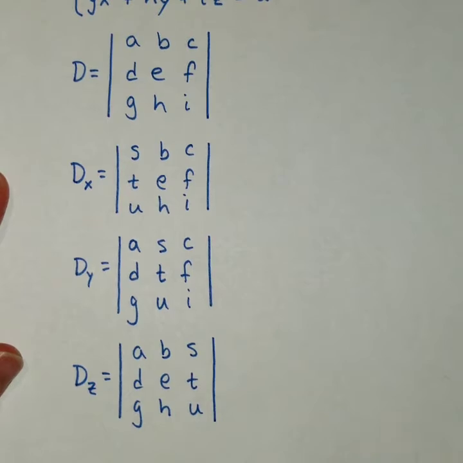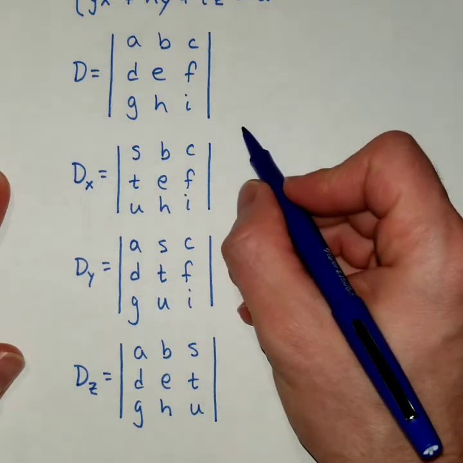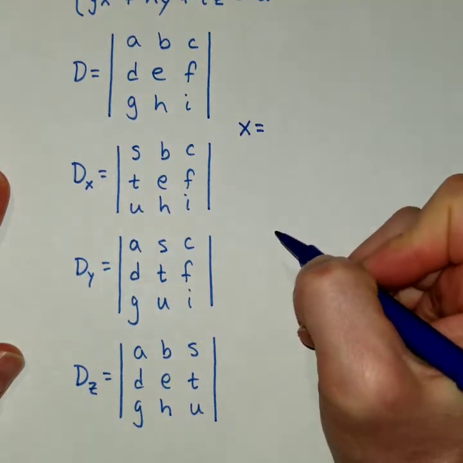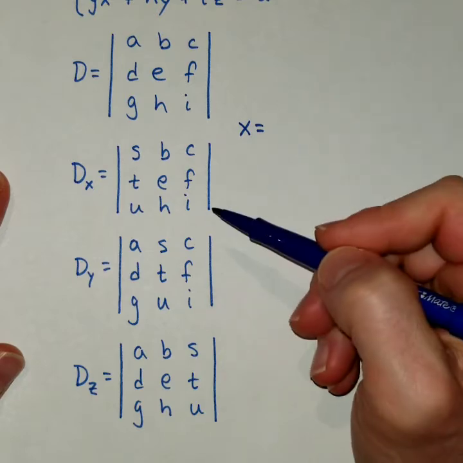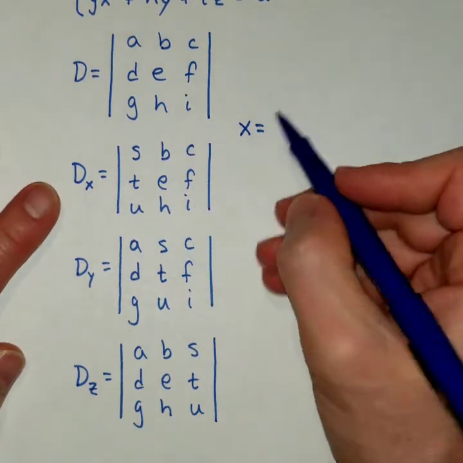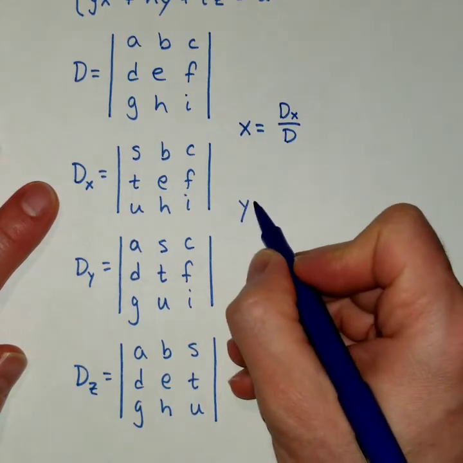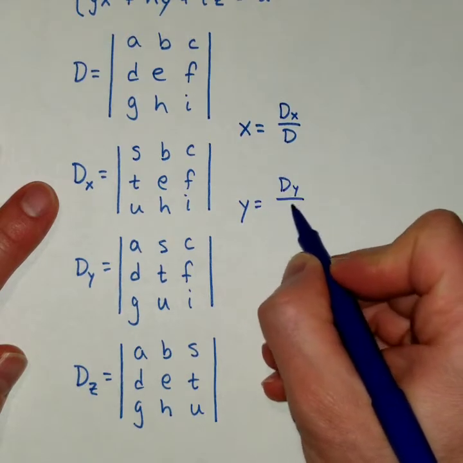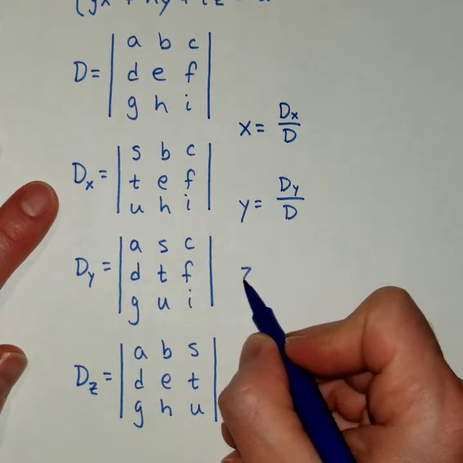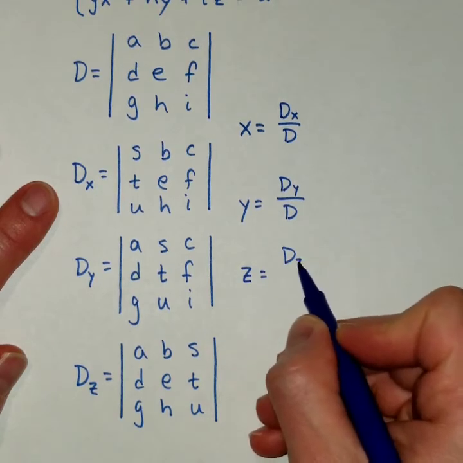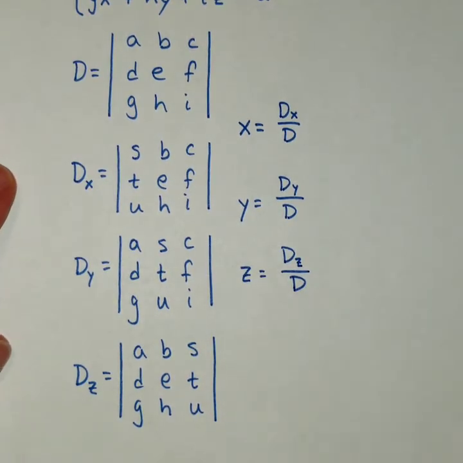Right? And so those are our 4 matrices, and then the X, Y, Z values are going to be represented by the similar ratios of these matrices. You start with the D sub X and divide it by D. The Y value is going to be D sub Y divided by D, and the Z value is going to be D sub Z divided by D. Okay, so again, very similar to what we saw in the 2 equation case.